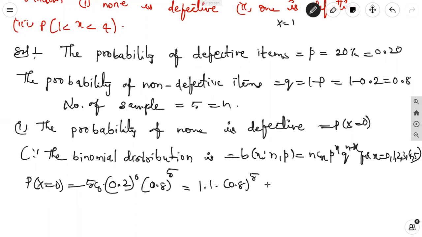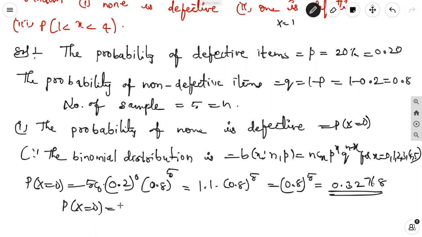It is equal to 0.8 whole power 5. After the calculation, we are getting the value 0.32768. This is the probability of x equal to 0, that is the non-defective is 0.32768.